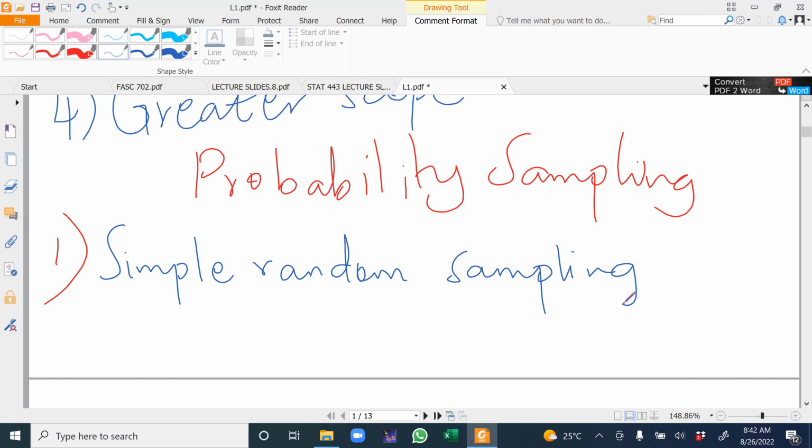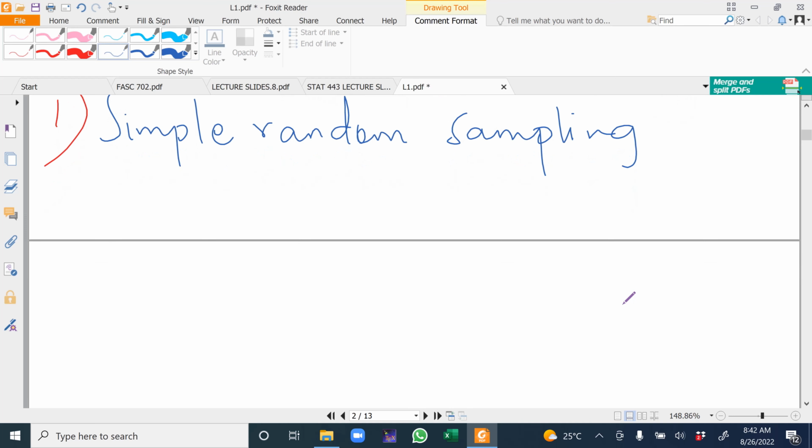In simple random sampling, what happens is that you have a population of interest whose units have heterogeneous characteristics.